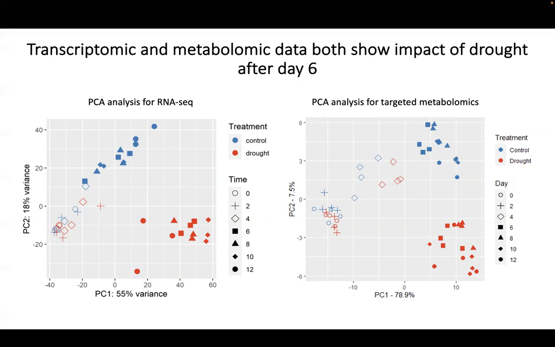That means the plant begins to respond at the transcriptional level and the metabolic level even before the photosynthesis rate decreases.